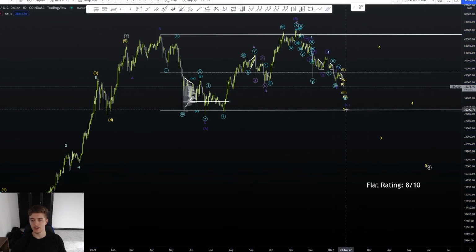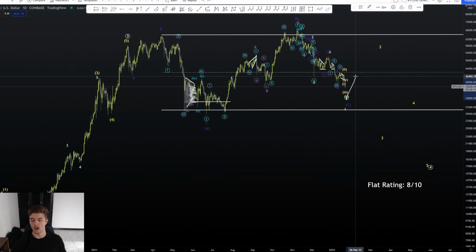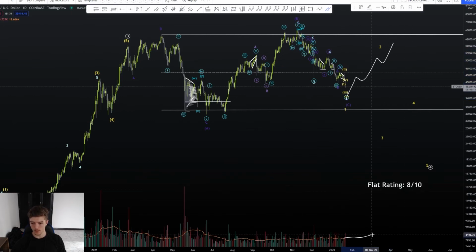And if we end up getting a nice 5-wave impulse off these lows, as so, with increasing volume, moving up as so, then it's going to give us a little bit more confidence that this is a running flat indeed, and that it's not simply the wave 1 of this wave C in this primary wave 4.